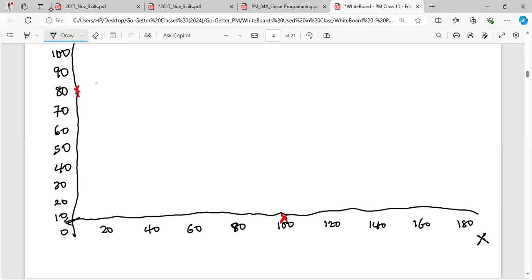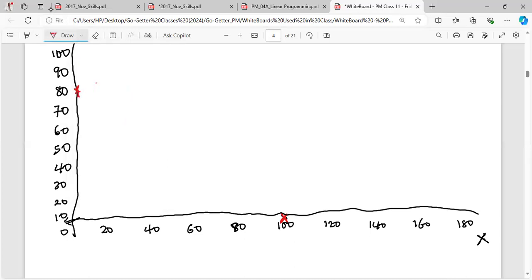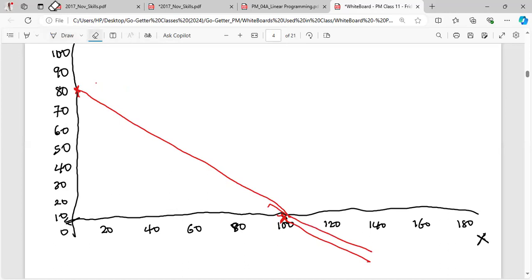Okay, so let's draw it as far as we can. So this, let's say it goes down here. It's not straight, so let's leave it up to this point.